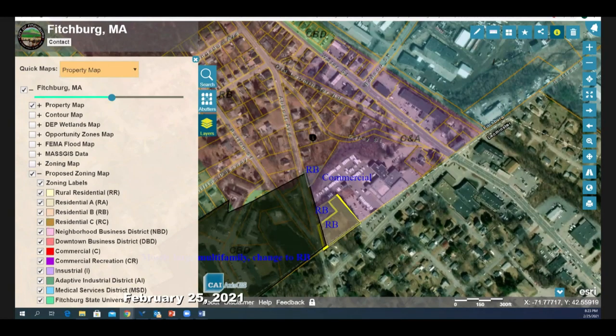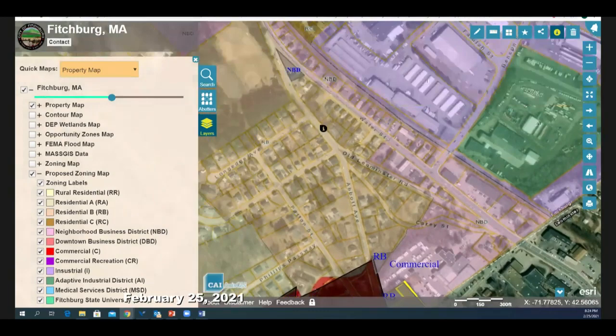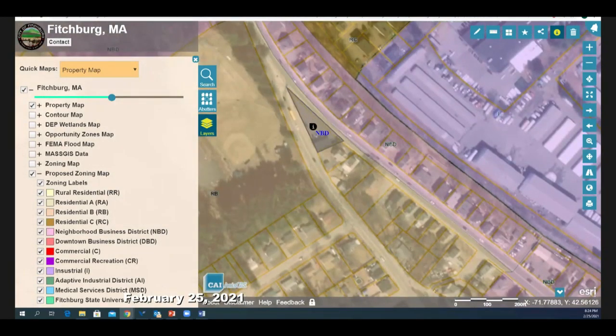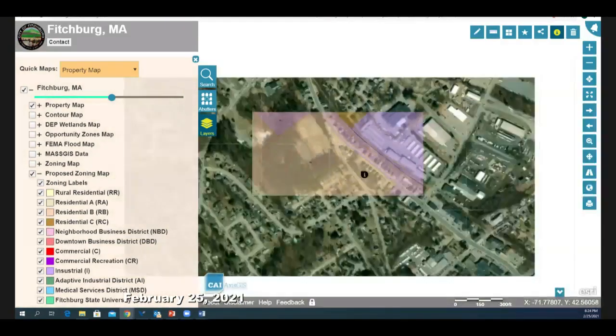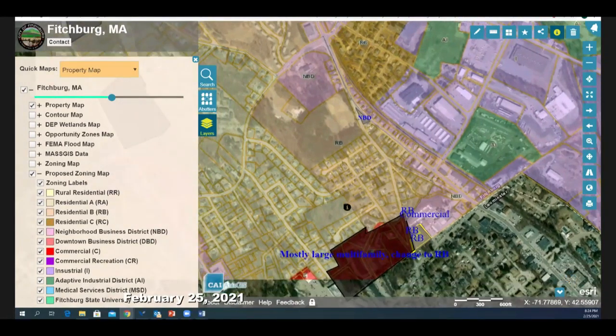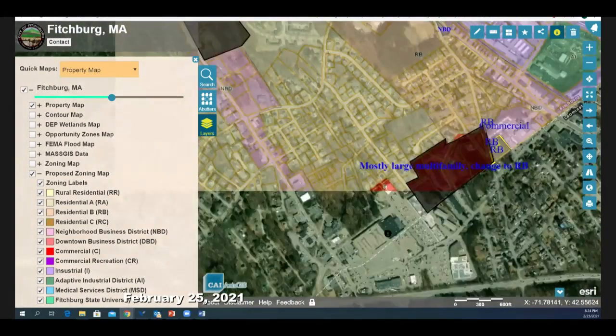Okay, so the other one worth noting proposed by the planning board, there's a nail salon or a hair salon here that was proposed changing to MBD, right on the corner of Abbott, and that corresponds with it's all commercial. It's a pretty logical designation. Right. That makes sense.